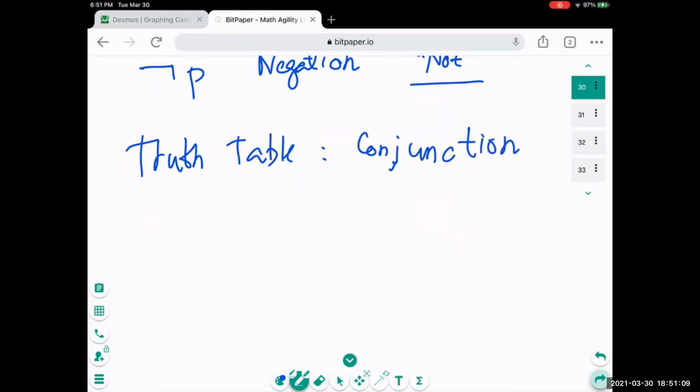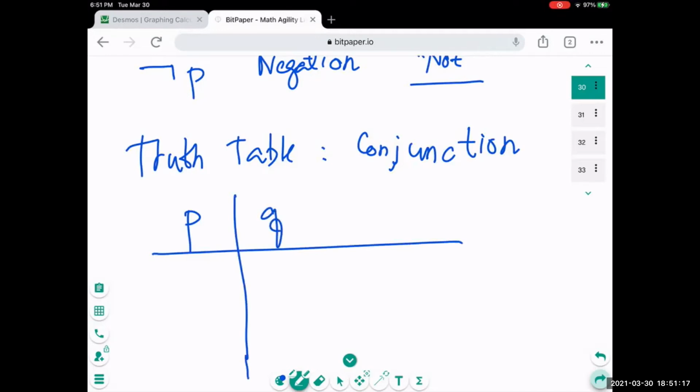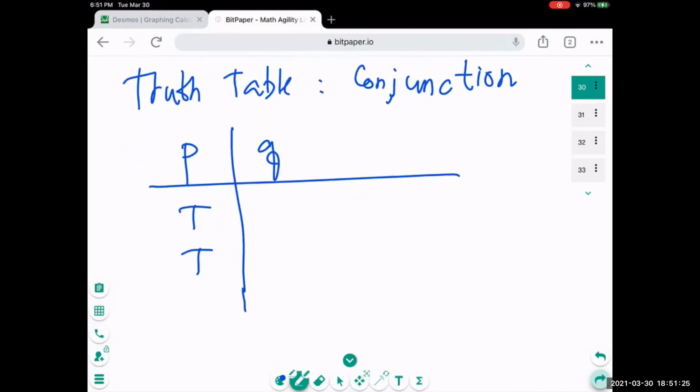Okay, so if we have P, let's write it, and then Q. So P would be true, true, false, false, right? And then our Q would alternate: true, false, true, false.